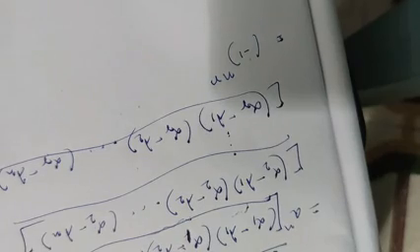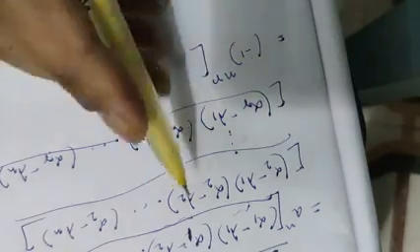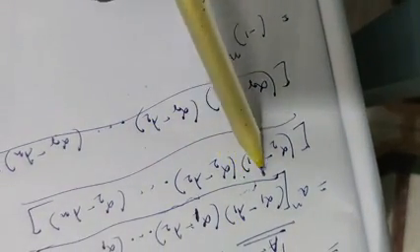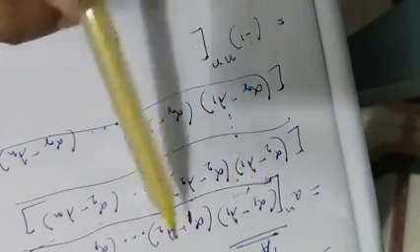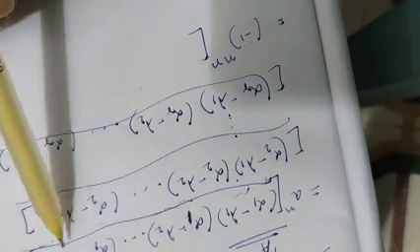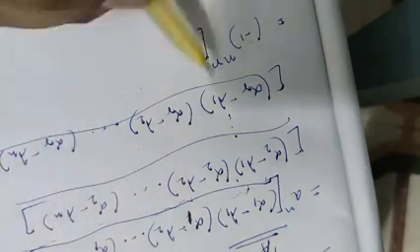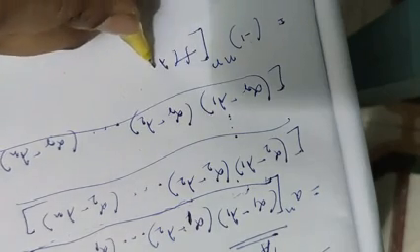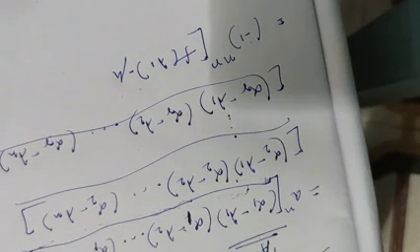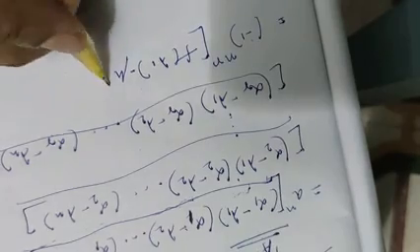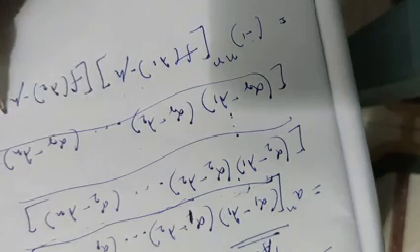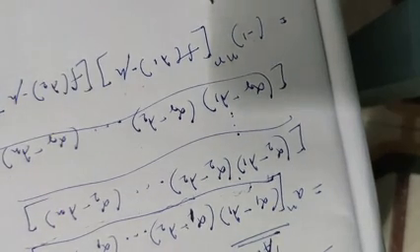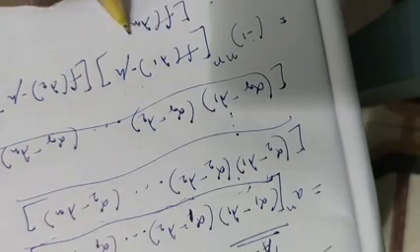So minus 1 whole to the power rn into, if you take minus common from the first bracket, then what will you get? Lambda 1 minus alpha 1 into lambda 2 minus alpha 1 up to lambda n minus alpha 1. That means ultimately f of lambda 1 minus mu. If you check the expression for f x minus mu, you will easily get it. Next, in the next step, it will become f of lambda 2 minus mu up to f of lambda n minus mu.